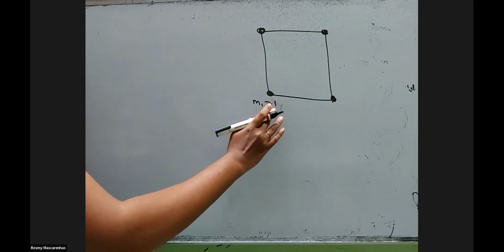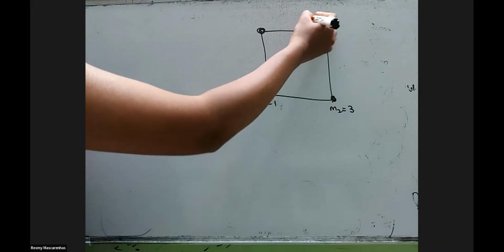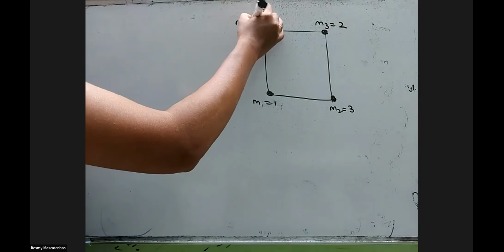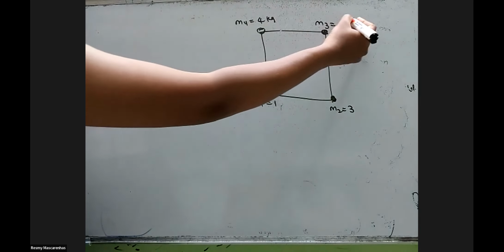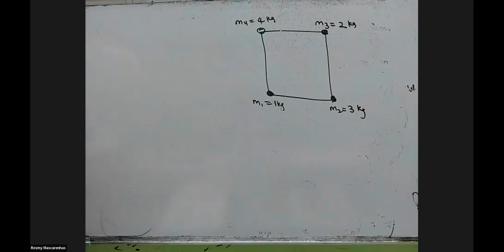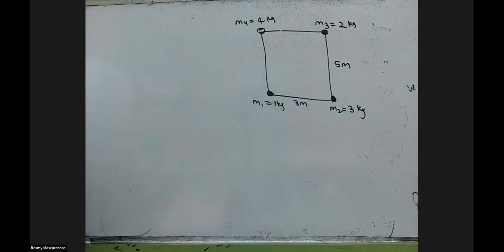I'm just writing as 1. M2 is given as 3 kg. M3 is given as 2. Kg if you want to write, no issue. And this distance is given as 3 meters. And this is given as 5 meters. You have to find center of mass of this diagram.